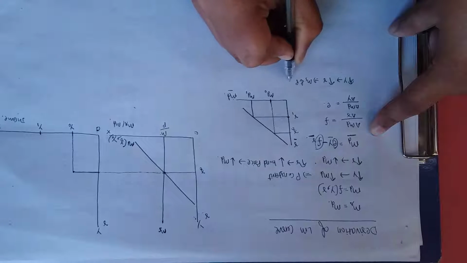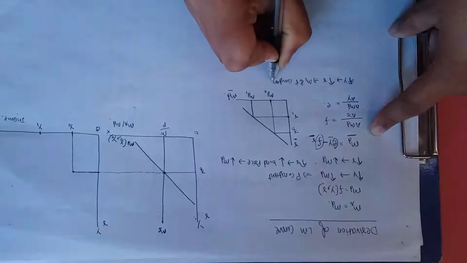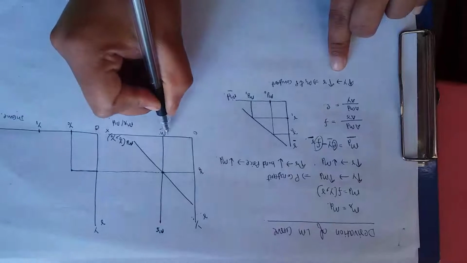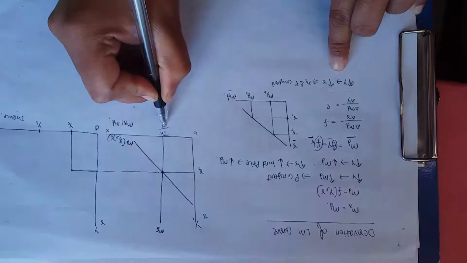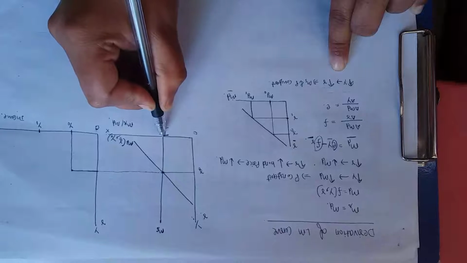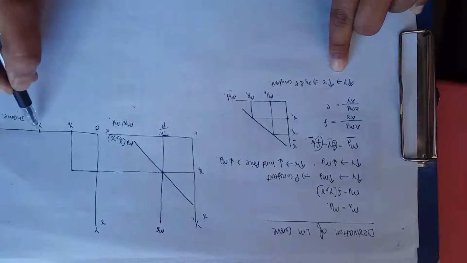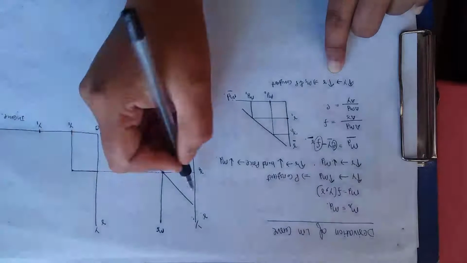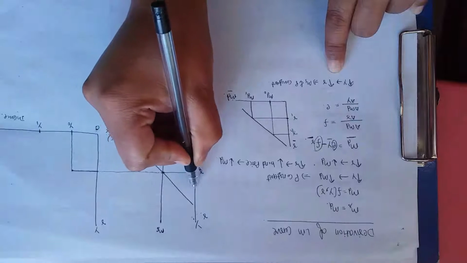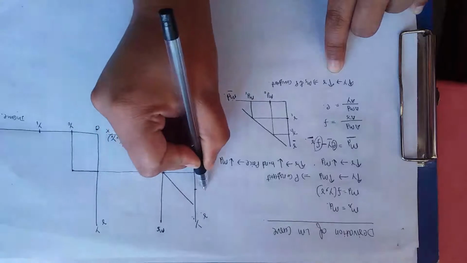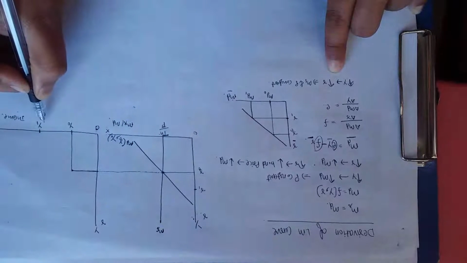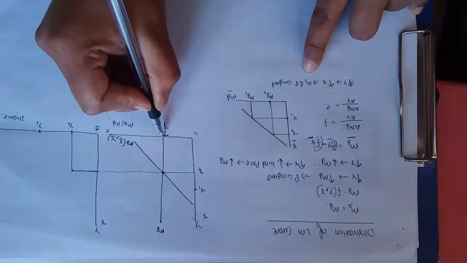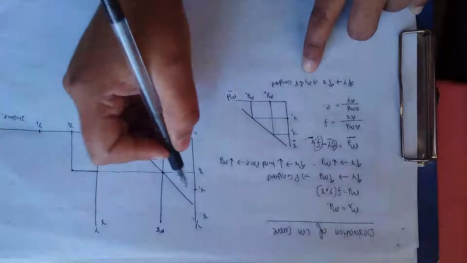We have assumed that money supply and prices both are constant at this point. So the rate of interest increases from R0 to R1 due to the increase in income.